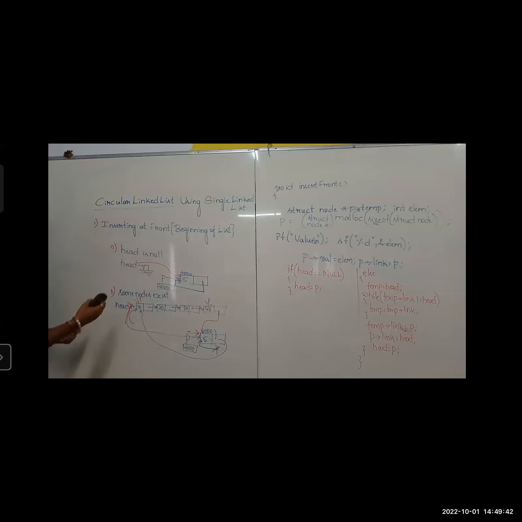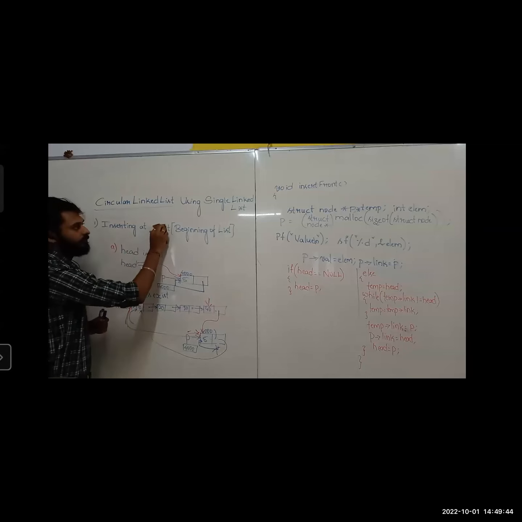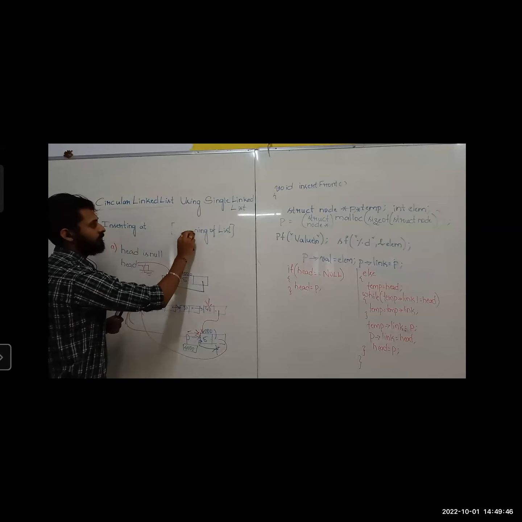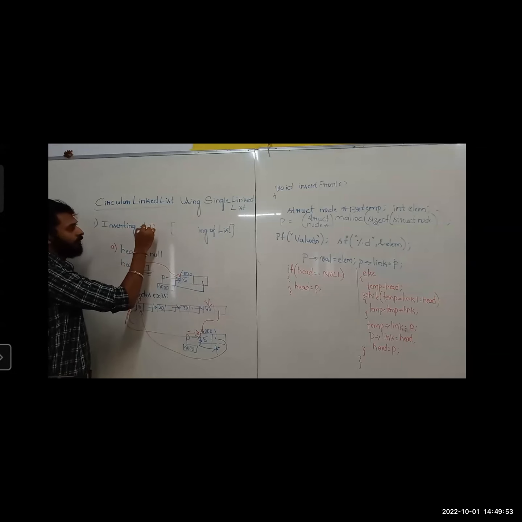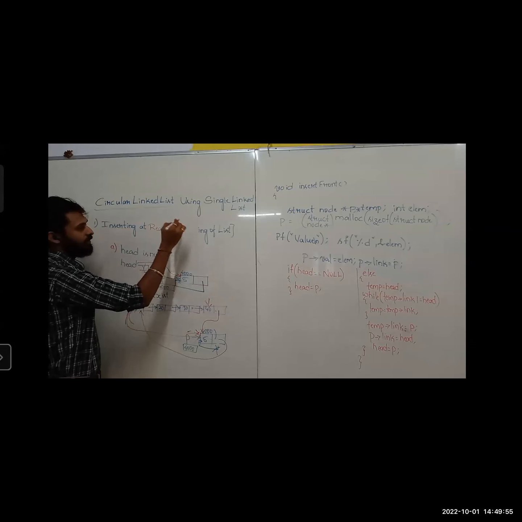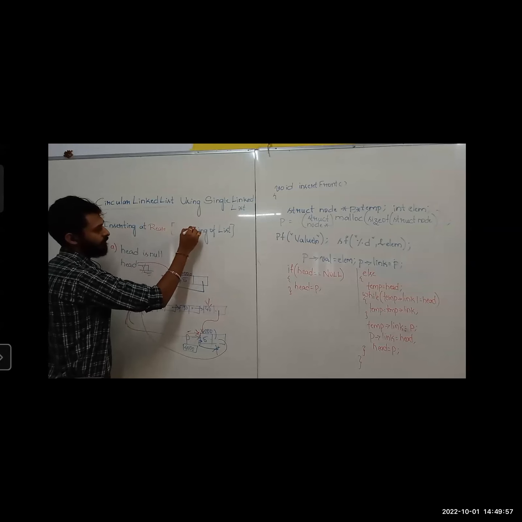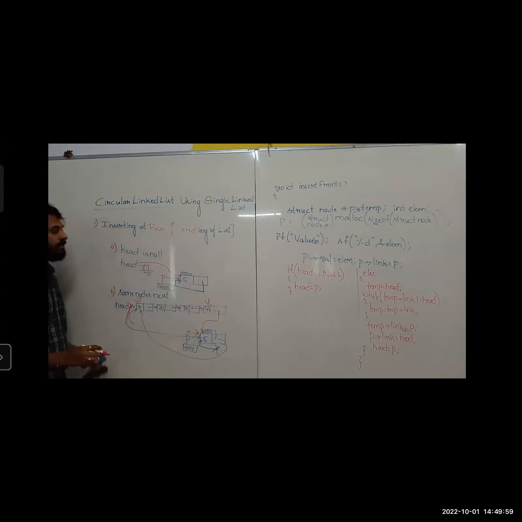However, now I just want to work on the second case. Here I just have to make these changes, that is, insert at the ending of the list. In that case also, the same two conditions will come.